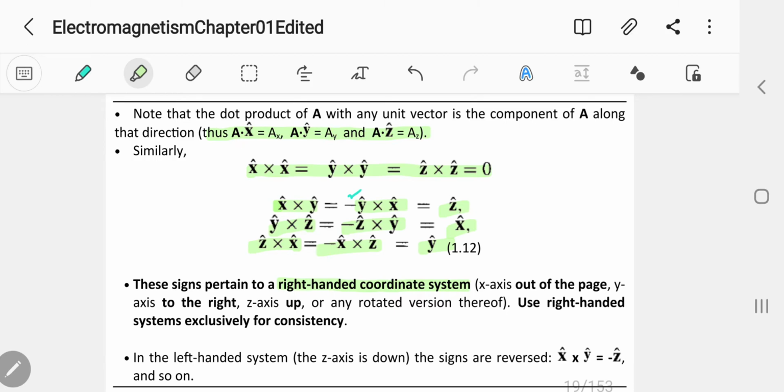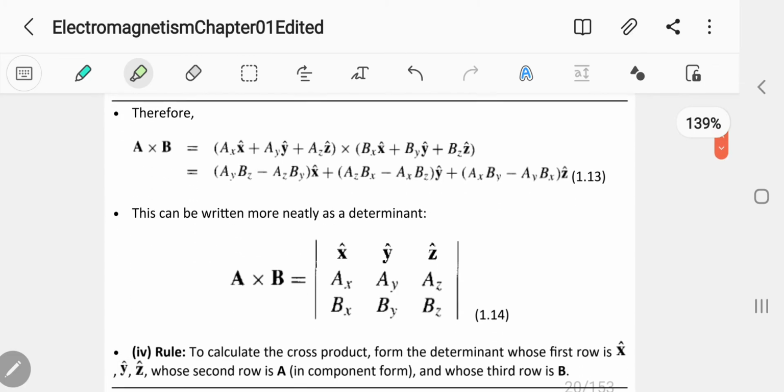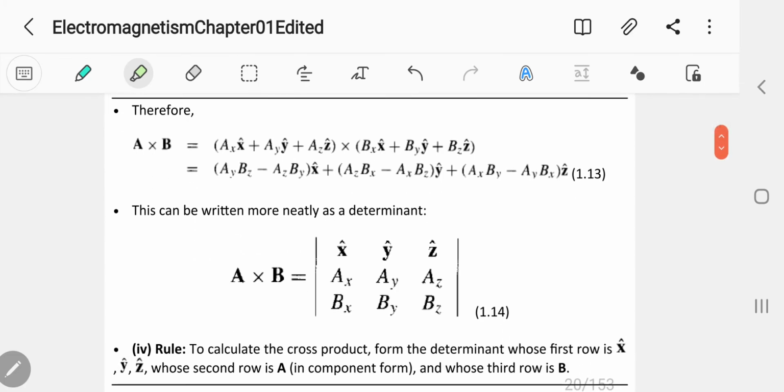So if you want to cross two vectors, again, you can distribute A to B and so on. And then you get this term as your component in the x axis, and this is the component in the y axis and the z axis.